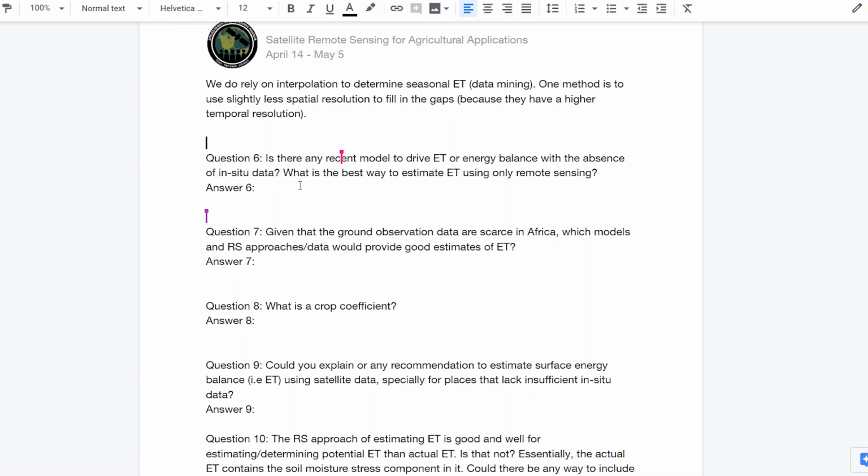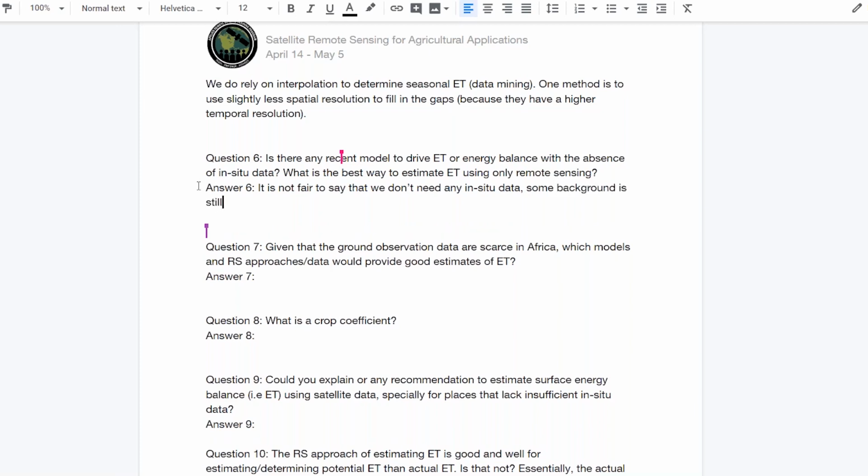Obviously, it's not fair to say we don't need any in situ data. I mean, you need to know what is the land surface you're looking at. It's helpful if you know what kind of crop it is for some methods. And sometimes, especially in areas where you have irrigated agriculture and more arid conditions, some of the model data that we use to initialize what the atmosphere is are not representative of what's actually going on on the ground.